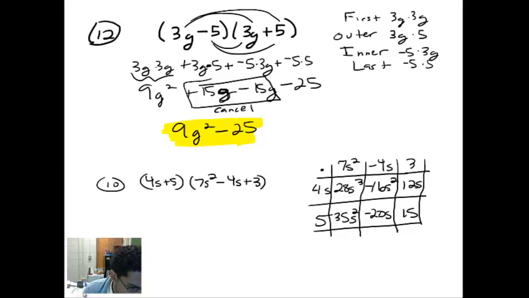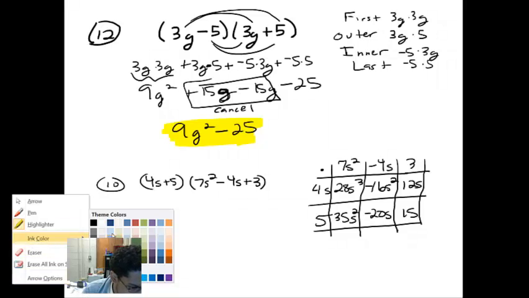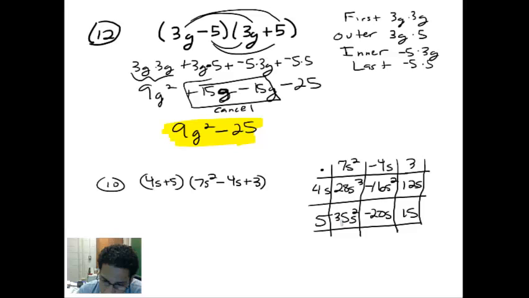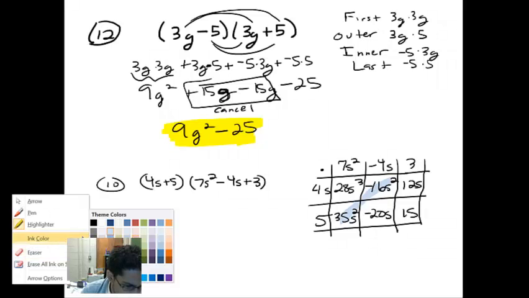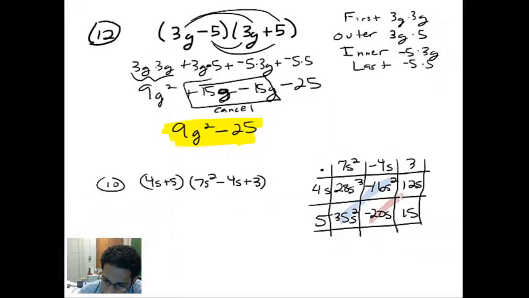And what's nice about this way is when you go to combine the terms, they combine nicely along diagonals. Your s squared terms are here, and your s terms are here. And so this sort of row and column multiplication works out nicely. It gives you the answer rather quickly.